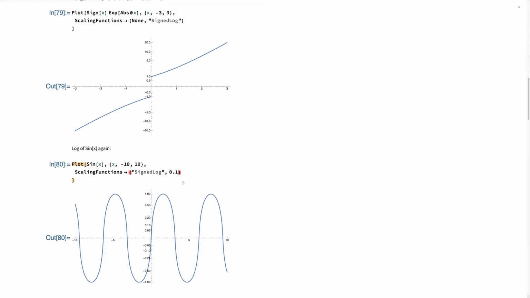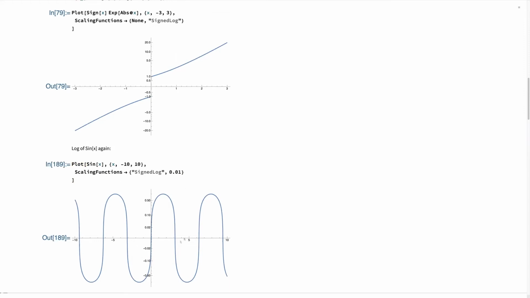So if I specify 0.01, then you will see that the effect is more dramatic because closer to 0 is stretched out more. So this is a parameter for signed log.